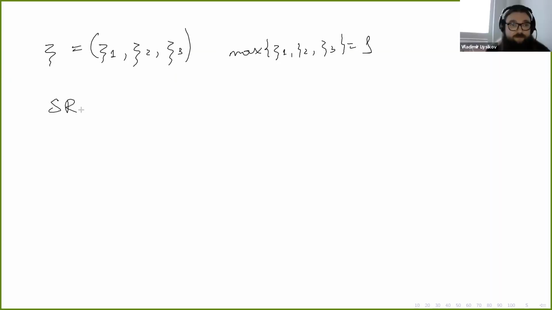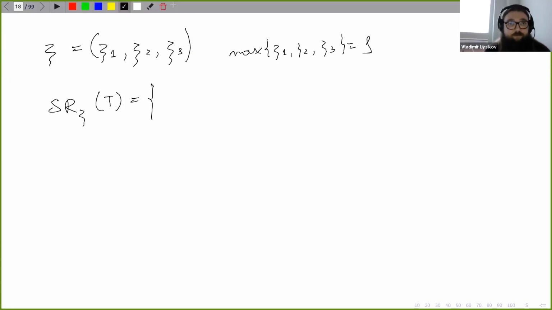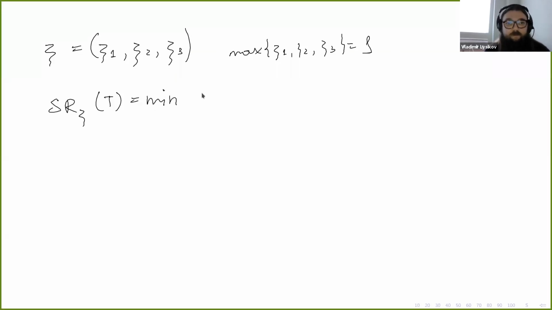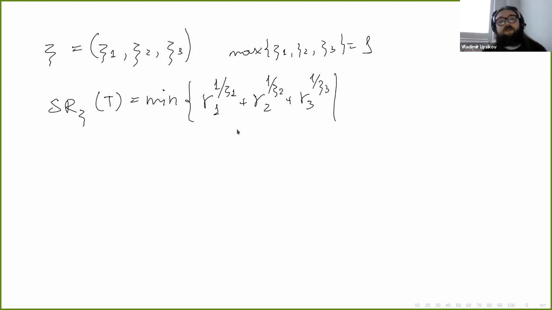I denote the weighted slice rank with index xi as the minimal possible sum R1 over xi1 plus R2 over xi2 plus R3 over xi3, such that, again, T has a slice decomposition.